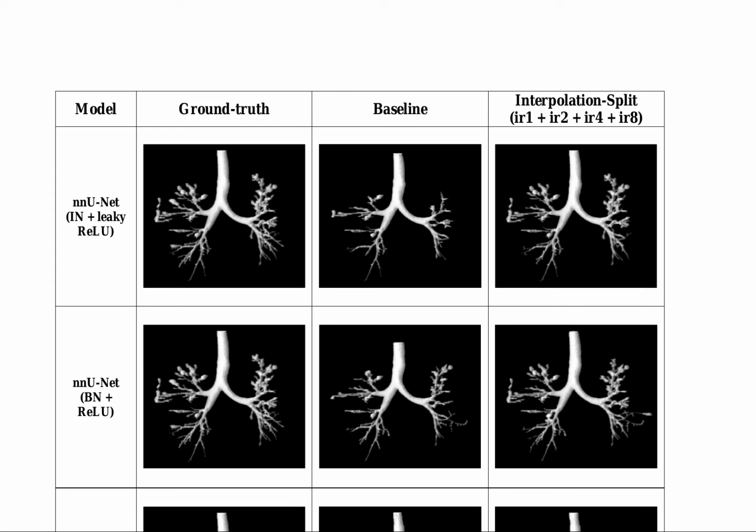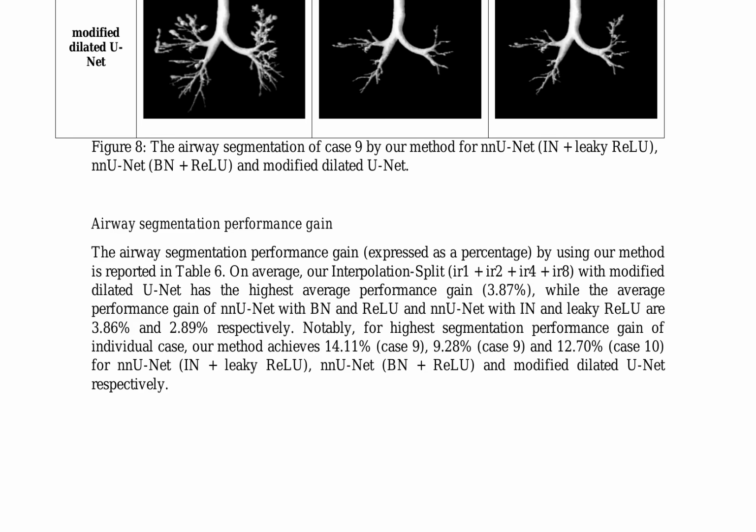Quantitative results are presented in Table 6, showing that the modified dilated U-net with the interpolation-split method achieves the highest average performance gain of 3.87%. The NNU-net architectures with batch normalization and ReLU, and instance normalization and leaky ReLU, achieve average performance gains of 3.86% and 2.89%, respectively.